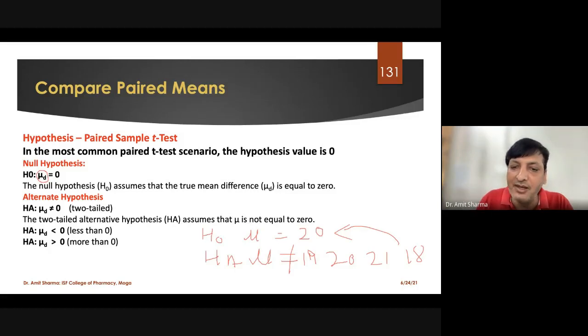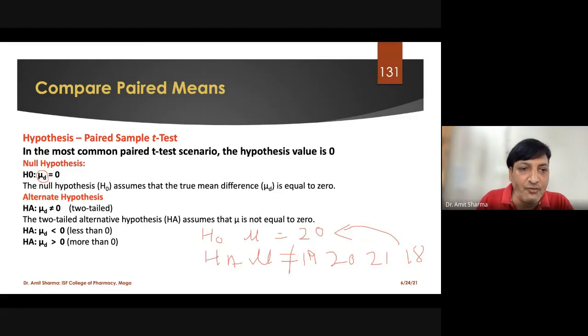It can be any reading, but not 20. In the same way, here null hypothesis says that mu D, the mean difference, is equal to 0. But alternative hypothesis says that mean difference is not equivalent to 0. It can be less than 0, or it can be more than 0.